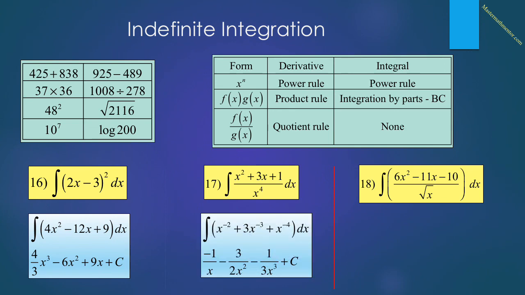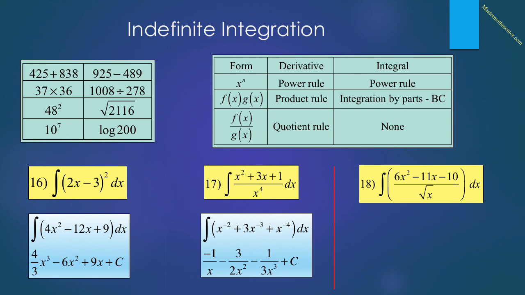17 reads the integral of (x squared plus 3x plus 1) all over x to the 4th dx. As stated before, there is no quotient rule. So we will divide each term by x to the 4th. I call that creating a split. We split the fraction into 3 parts.